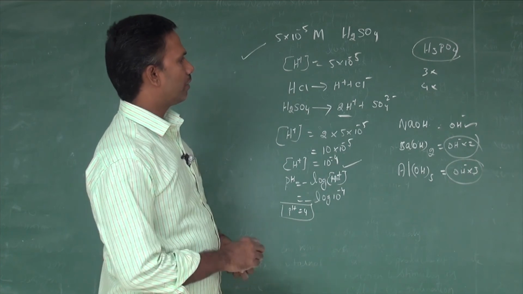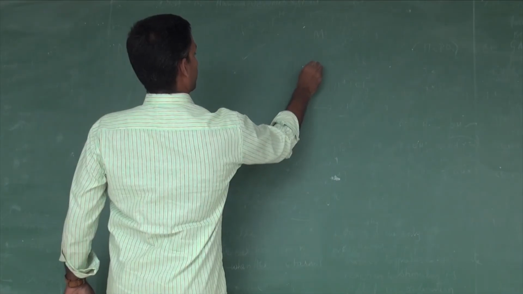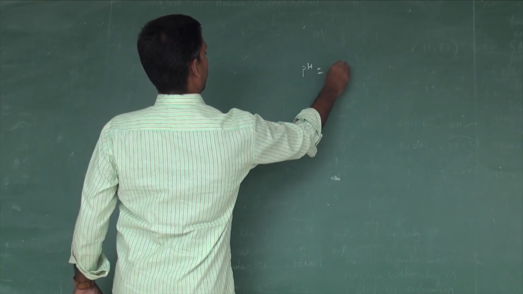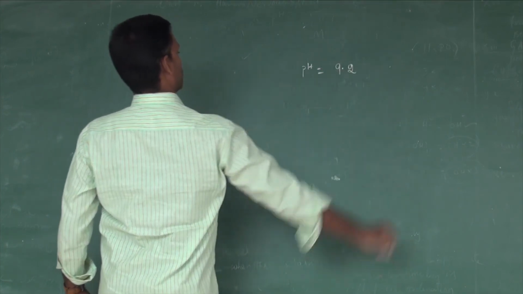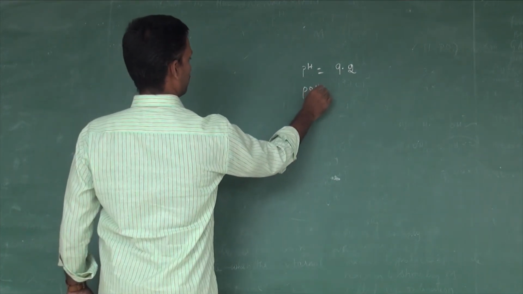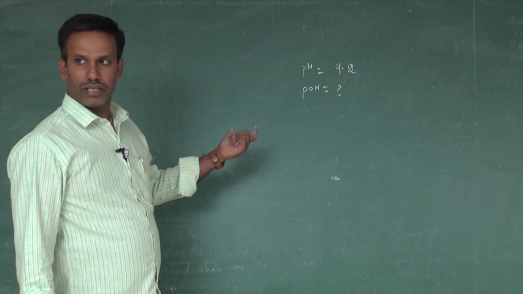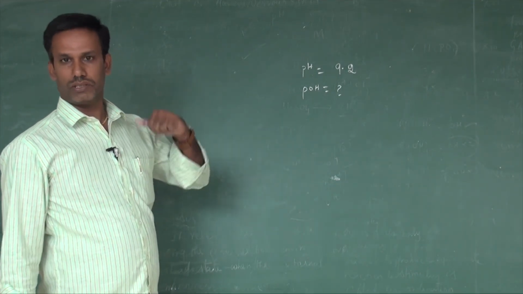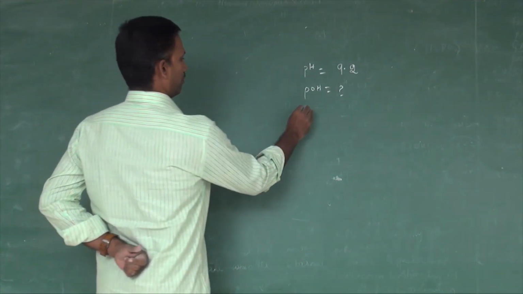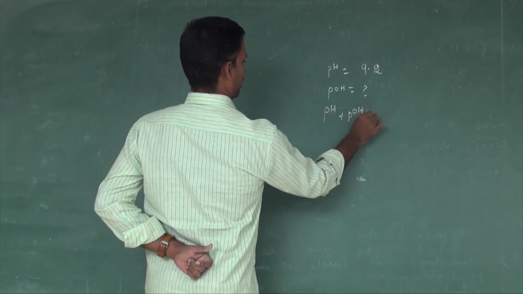Then another example for the pH calculation. The pH of the solution is 9.2. What is the pOH? They may ask this type of question. They give the pH and ask for the pOH. What to do? pH plus pOH equal to 14.